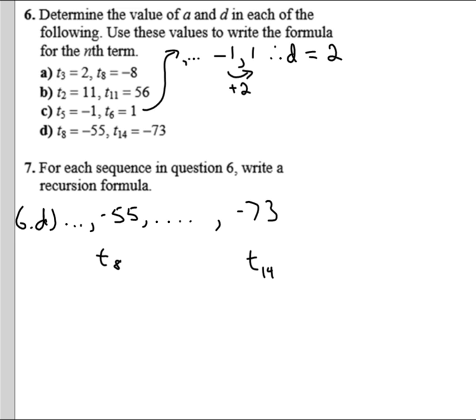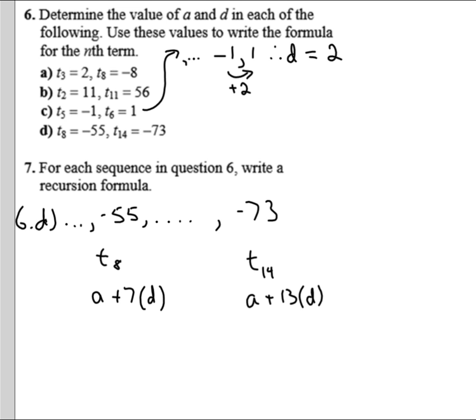Keeping in mind how we solve for a general term, the 14th term would be the first term plus 13 multiples of the common difference. And the 8th term would be the first term plus 7 multiples of the common difference.